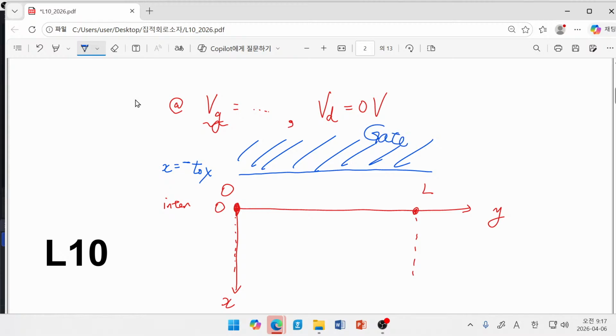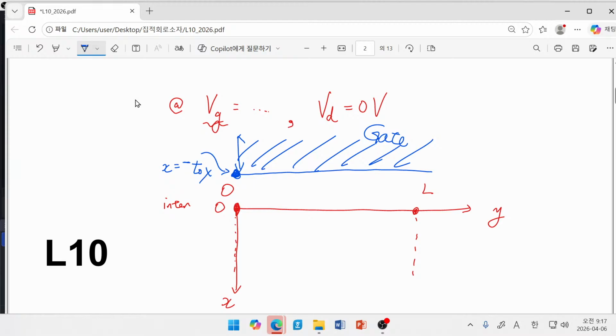Of course, in our notation, the x values lower than minus T ox are assigned to our gate terminal. However, we do not care about this gate terminal at all. Its only role is to apply a certain boundary condition for our Poisson equation, and that point will be given here.